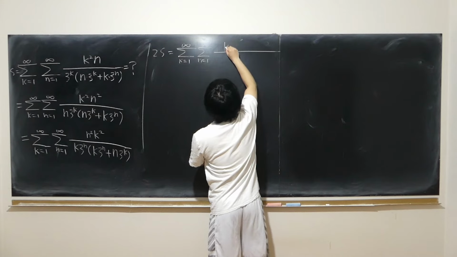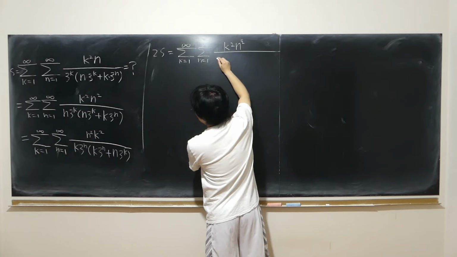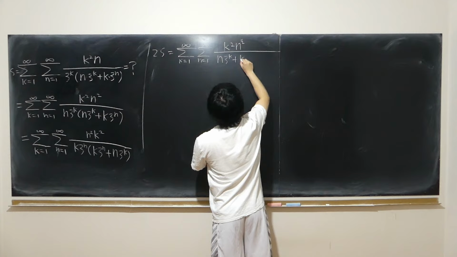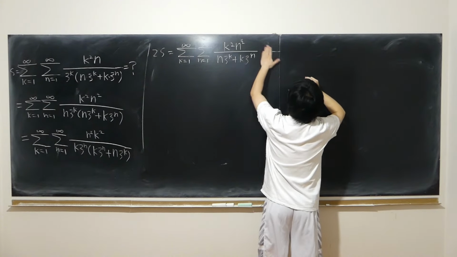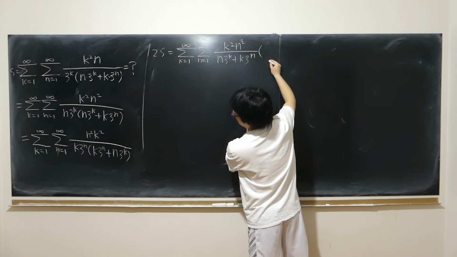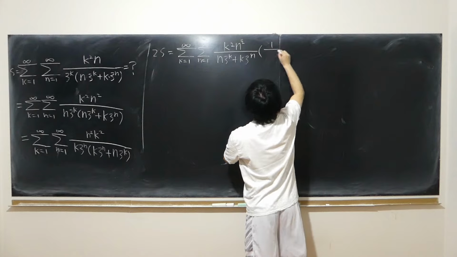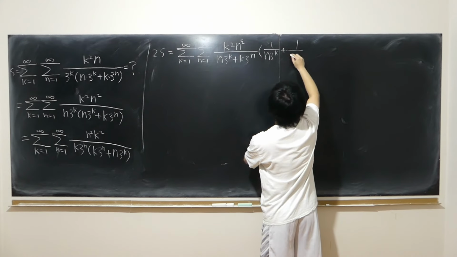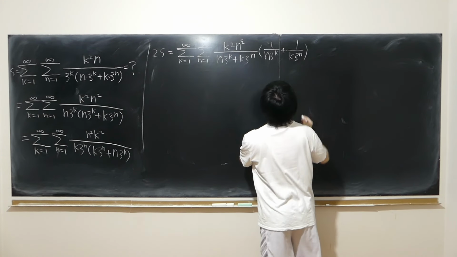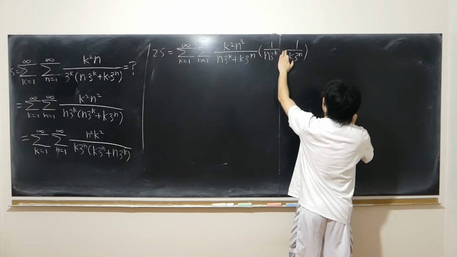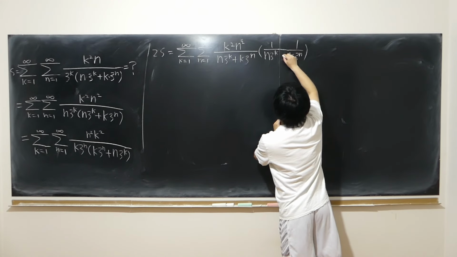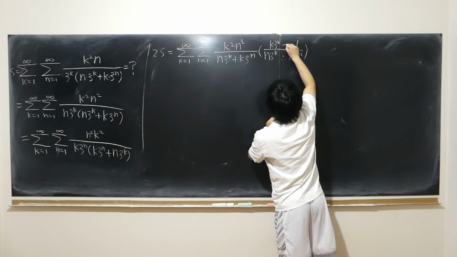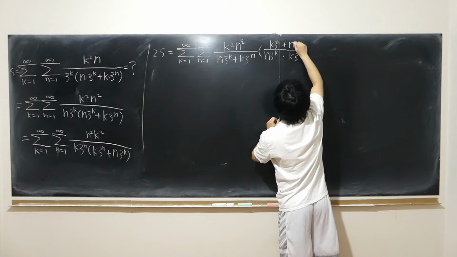So k squared, n squared, times one over n 3 to the k plus one over k 3 to the n, common factor. I can simply combine common denominator, and up here I have k 3 to the n plus n 3 to the k.